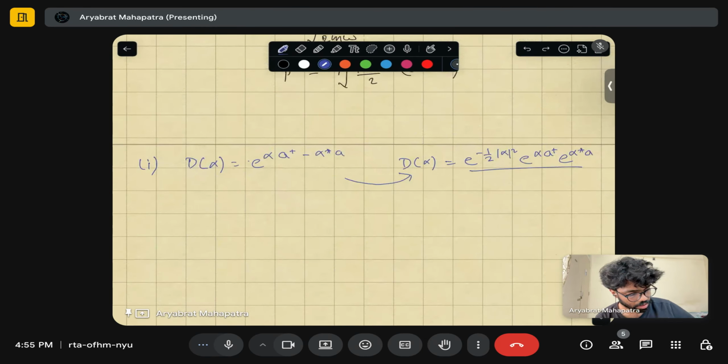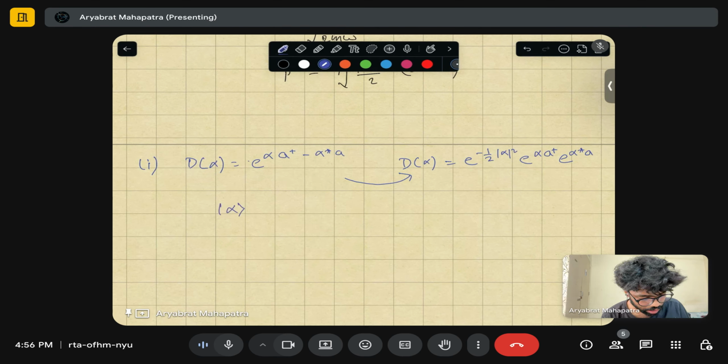Then you have to operate this D alpha on your ground state. Then you can write alpha as D alpha on 0.